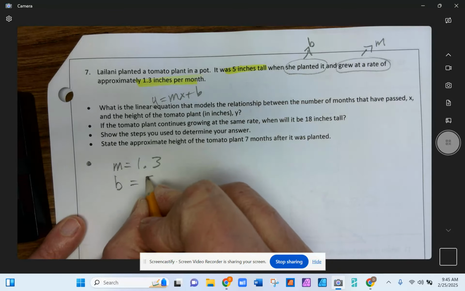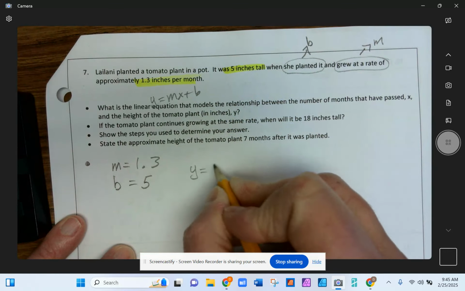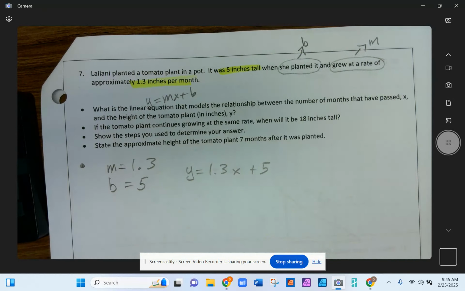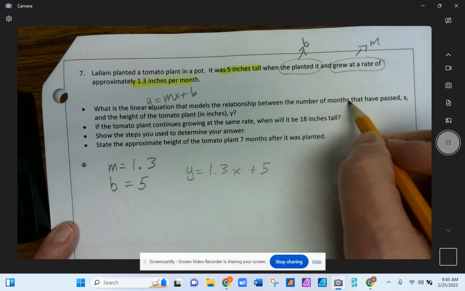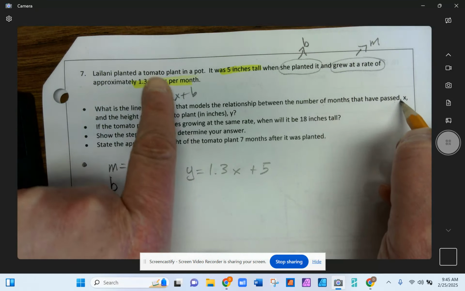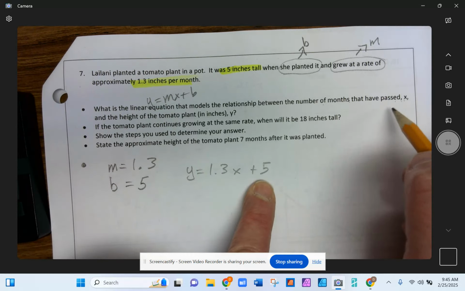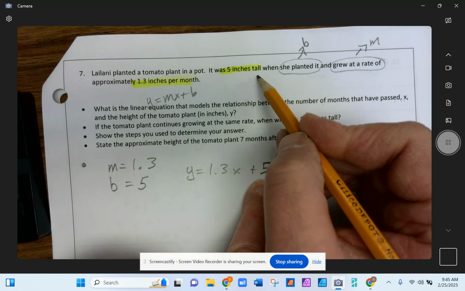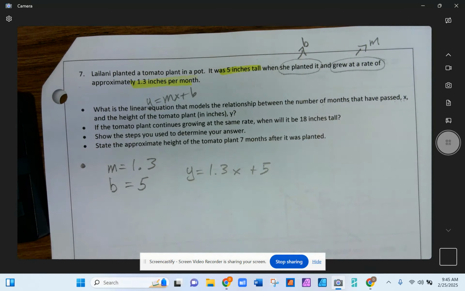So our equation is y equals 1.3x plus 5. Super simple, right? The 1.3 matches to the months that have passed, x, and the 5 matches the height of the tomato plant where it starts.